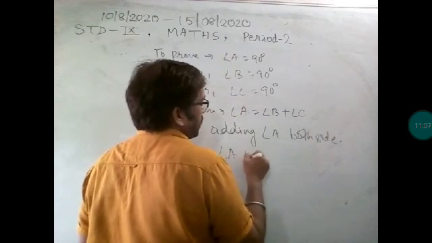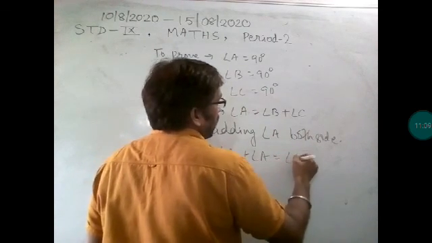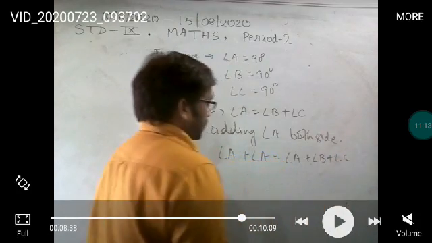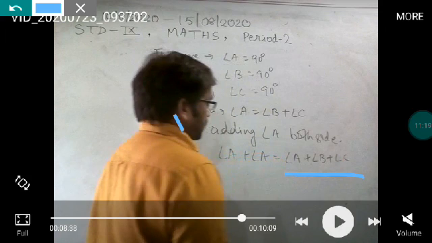So angle A plus angle A is equal to angle A plus angle B plus angle C. Clear? And this will give me 180 degree. Why? Because the sum of all the three angles in a triangle is 180 degree.